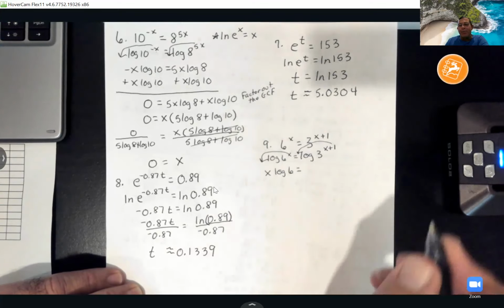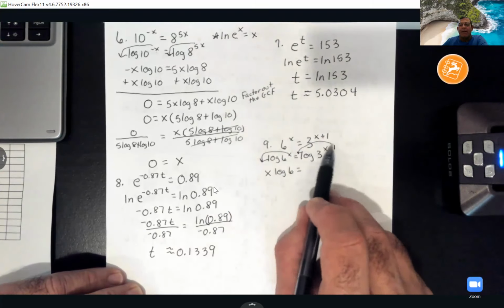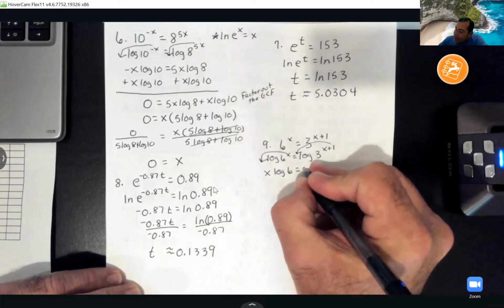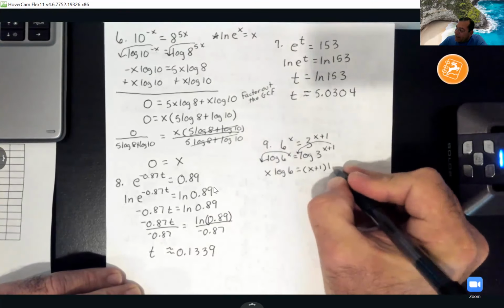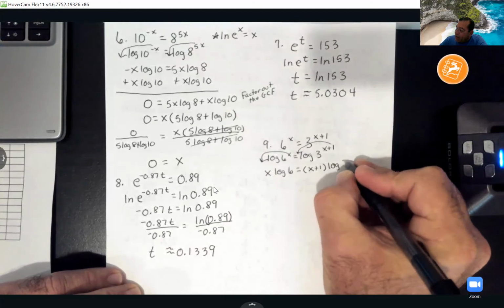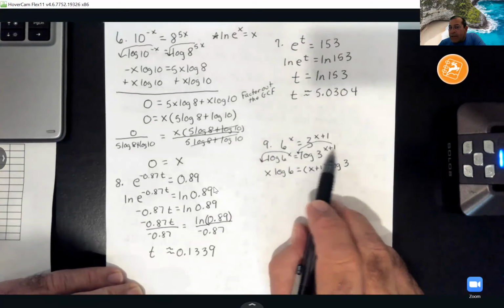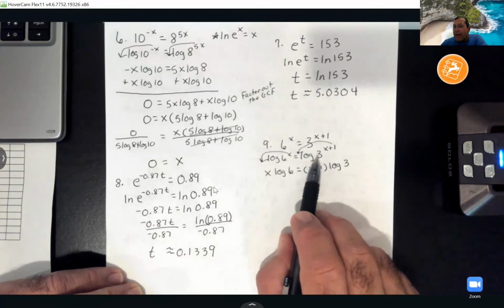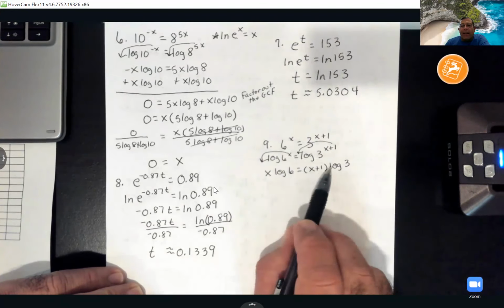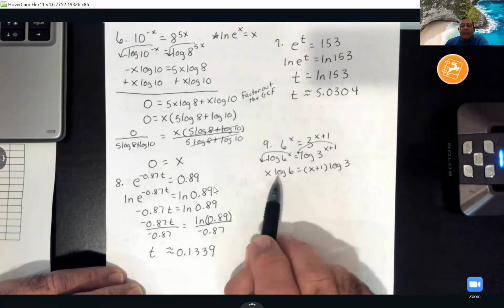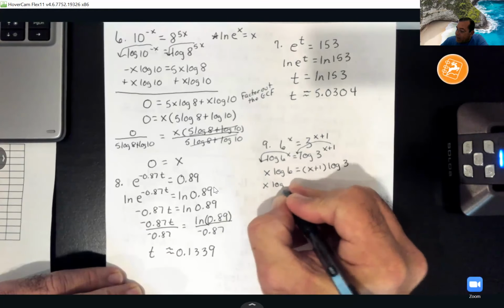But y'all, guess what? On the right side, there's 2 parts to this exponent. So what I need to do is write that x plus 1 in parentheses and then make that a product with the log 3, because both parts of this exponent got to be multiplied by that log 3, okay? So my next step is get rid of these parentheses. The left side is going to stay at x log 6.